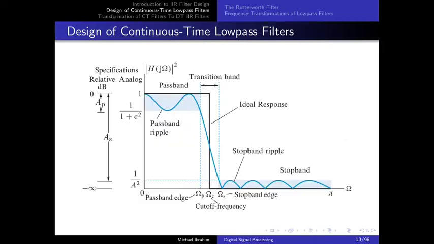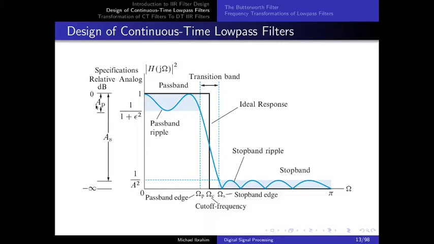So if we go back over here, we can see that this level, which is 1, corresponds to 0 decibel, and now we would allow this kind of ripple in the passband, which is AP decibels below 0, and in analog specification this corresponds to 1 over 1 plus epsilon squared. So 10 log 1 over 1 plus epsilon squared would correspond to minus AP.